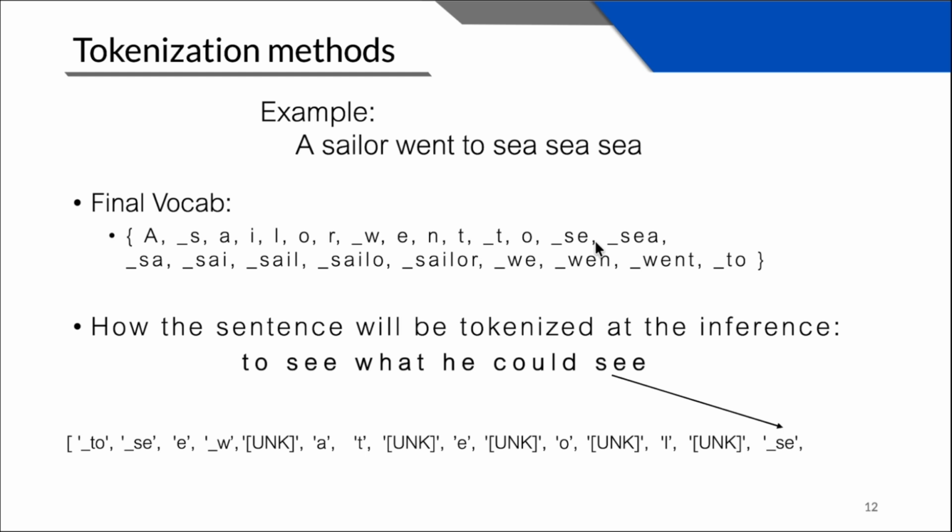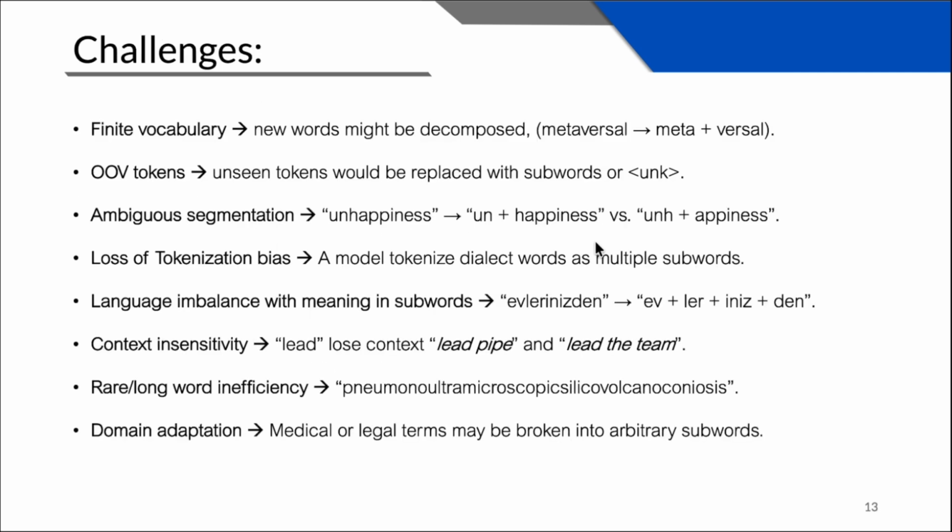We can add it to the sentence, to the model. So by asking the model to regenerate the term, we can see that it will give the following: to C, W, unknown, at, unknown, E, unknown, O, unknown, I, unknown, C. This will give you a hint about the importance of having a training data set that is very helpful to have a fully knowledgeable tokenizer.